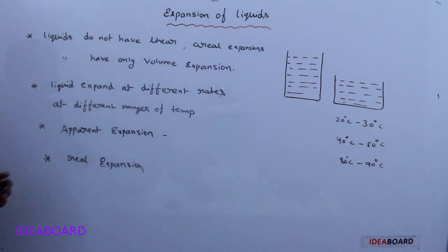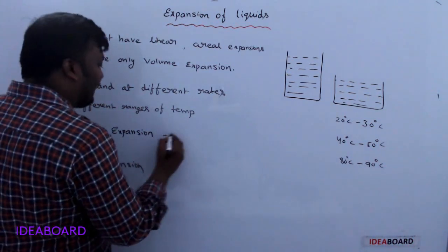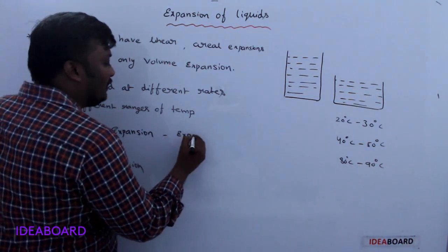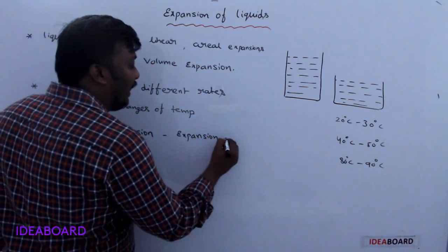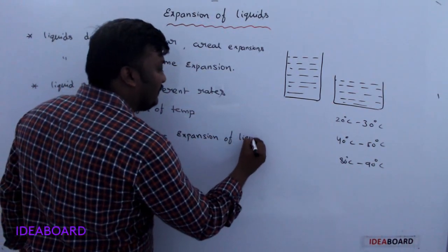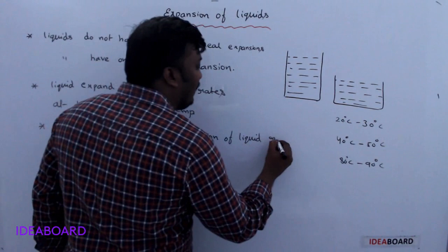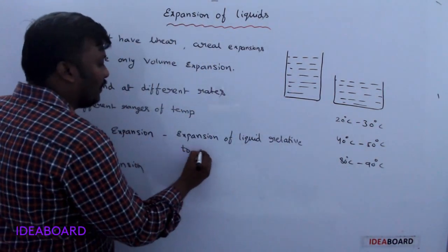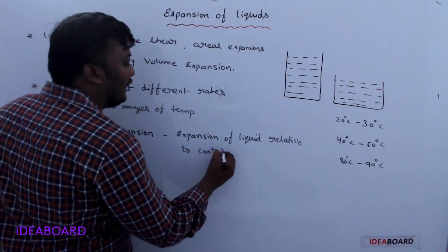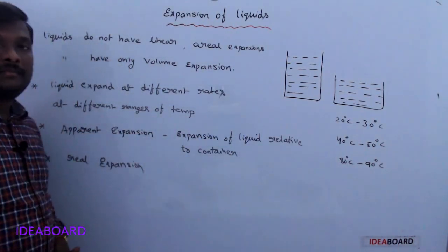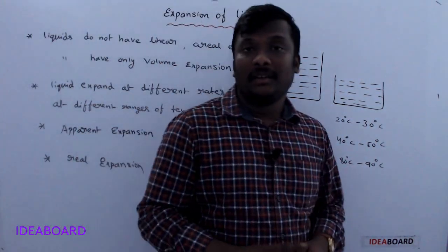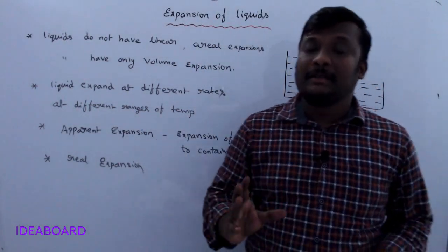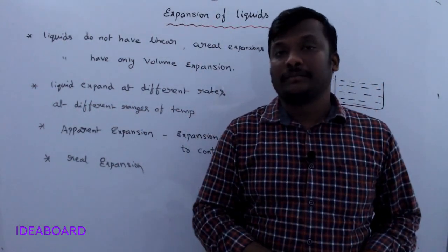What is apparent expansion? Apparent expansion of liquid is nothing but expansion of liquid relative to the container. Apparent is nothing but the observed value.